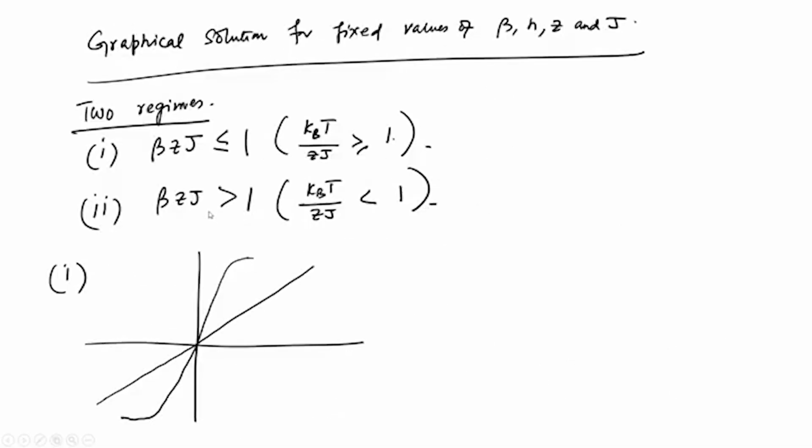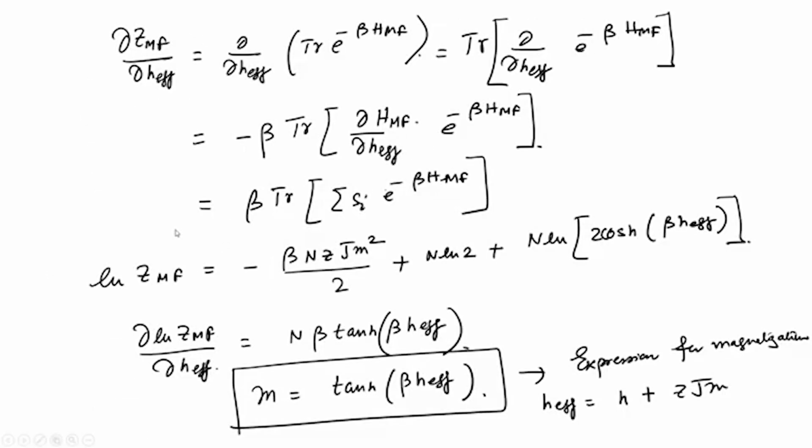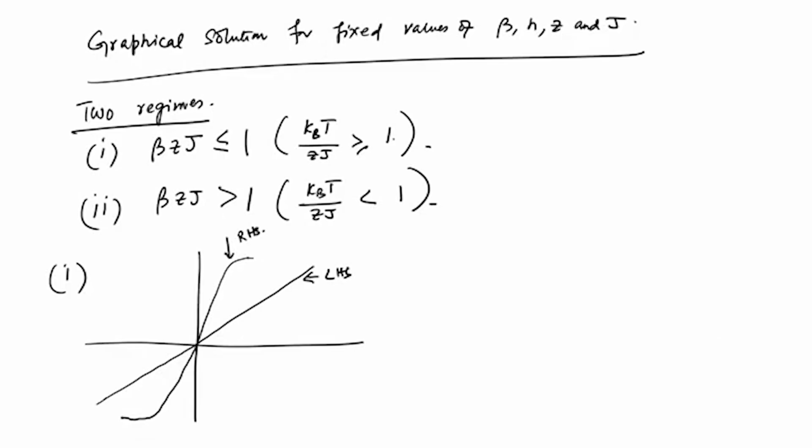So, we have this as the LHS and this as the RHS, and we are solving both sides of this equation. You see that for the first case you have only ordering, or rather these two plots only meet at m equal to 0. So the ordering is only possible at m equal to 0.